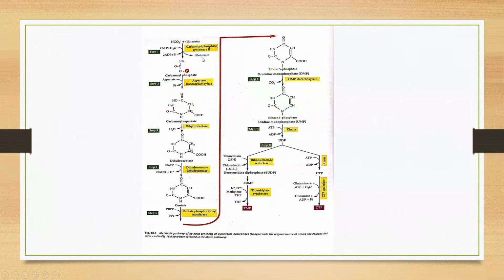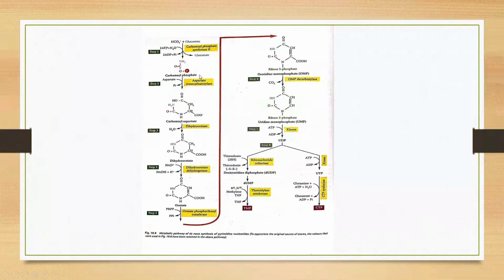This is CPS2, carbamoyl phosphate synthetase 2. We have seen CPS1 in the first step of the urea cycle. CPS1 is a mitochondrial enzyme, but CPS2 is a cytosolic enzyme.